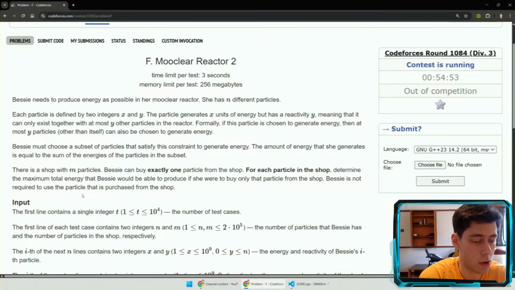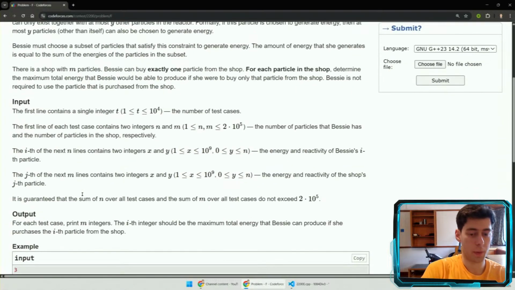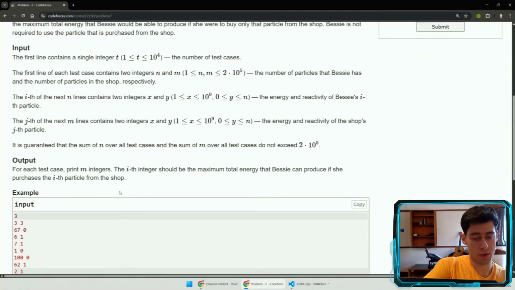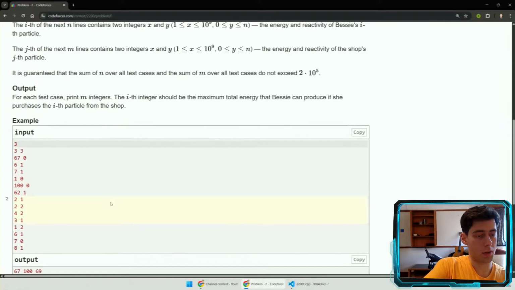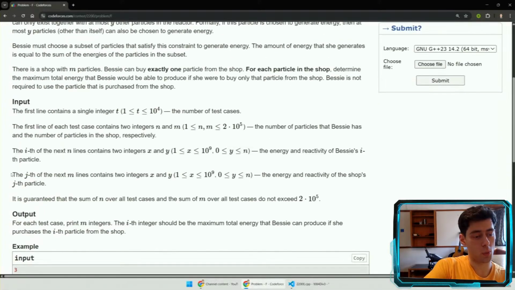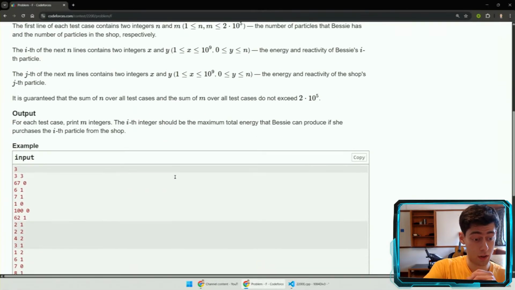Bessie is not required to use the particle that she purchased. So I've got n and m, and the descriptions of the n particles and the descriptions of the m particles. Basically, we have m queries of how the answer would change if we added this particle to the question.